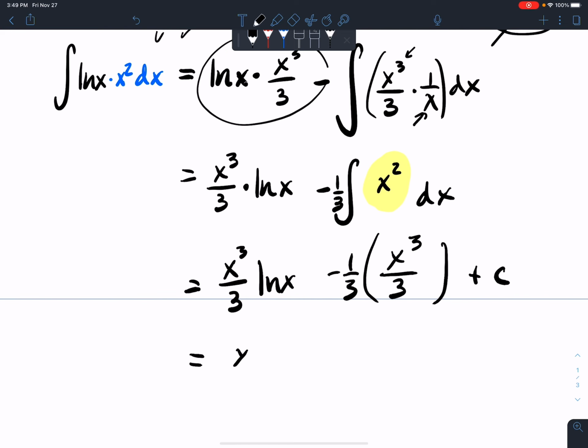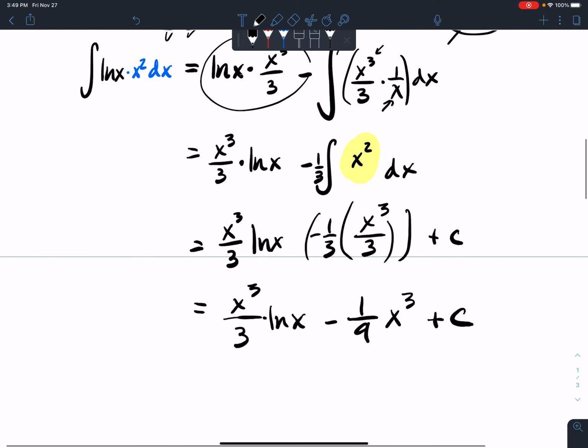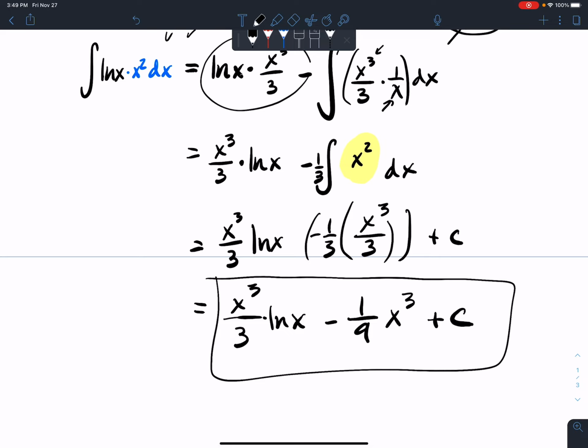So what is my final answer? X cubed over 3 times ln x minus, and then 1/3 and 1/3 make 1/9, x cubed plus c. And voila, there's my answer.